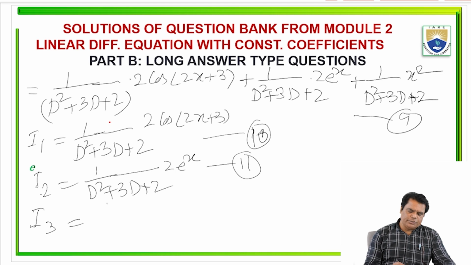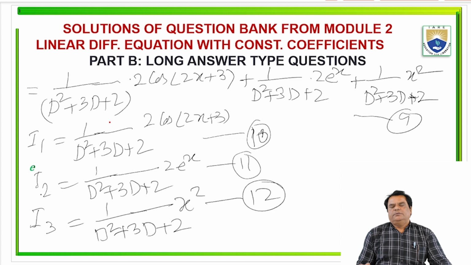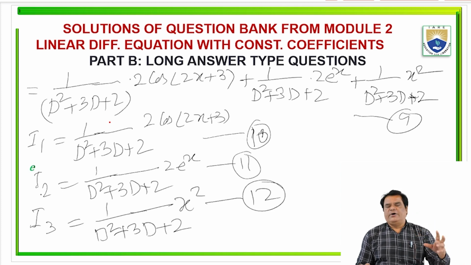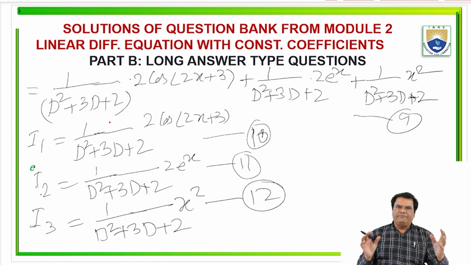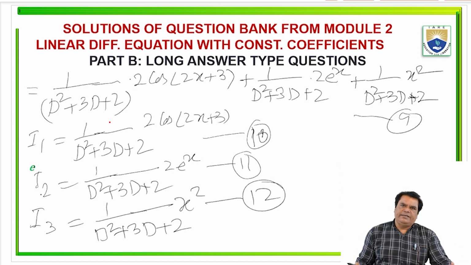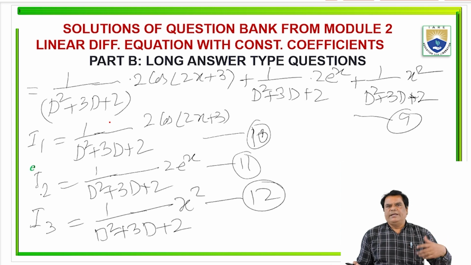I3 equal to 1 upon D square plus 3D plus 2 into x square. This is equation 12. So there are three particular integrals because there are three functions in our question. Each function we will find separately, and after adding we get the complete PI: PI of I1, PI of I2, PI of I3.